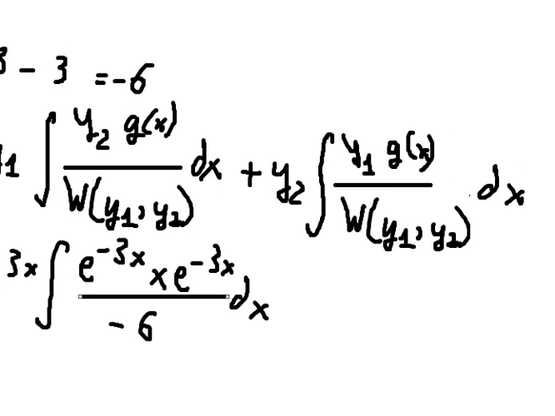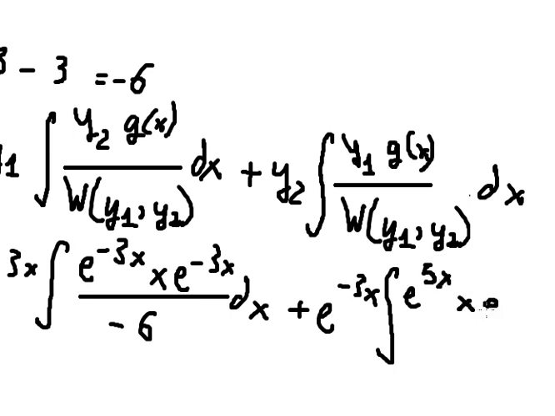And now we go to the next one. This one we have e to the power of 3s, s e to the power of negative 3s over negative number 6.